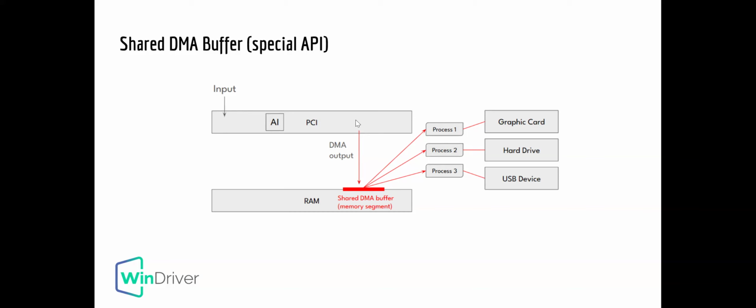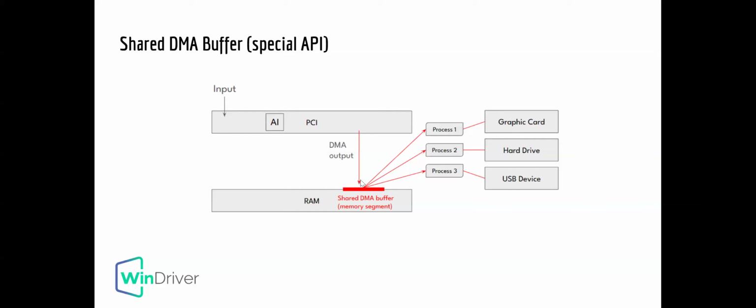The PCIe does something, sends a DMA output to the RAM memory. Now, let's say that we want a USB device, a graphic card, and a hard drive to access this data. And we want them to access it fast. We can create a locking mechanism, an access mechanism, and make sure that if this one accesses the buffer, then this one doesn't, and it's a complete headache.